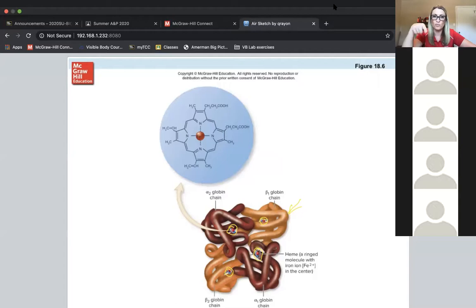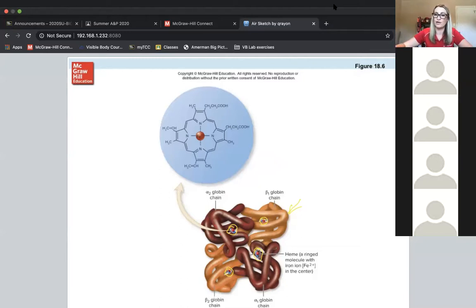The globin chains are just proteins, so we chop them up into amino acids, and then we can use the amino acids to build other proteins. I always think about amino acids as Lego pieces. You can disassemble the protein and reassemble it into something else while keeping those basic building blocks.